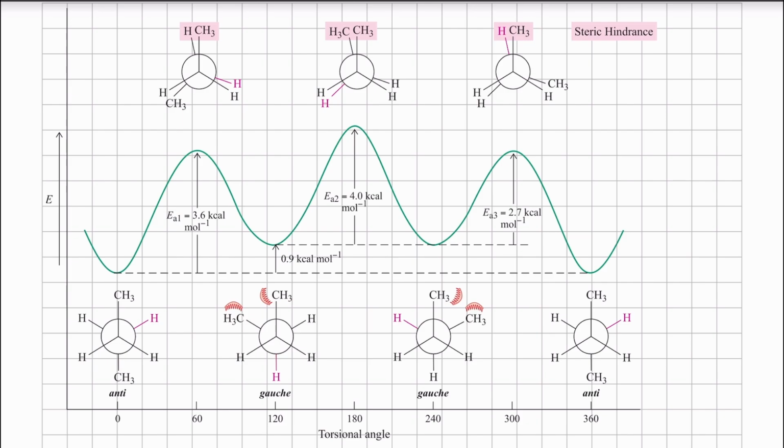We can easily make this topic more extensive, because if we add any other groups, methyl groups, ethyl groups, or even more carbons, this diagram gets more complicated, and different conformations with different potential energy levels are going to be generated.